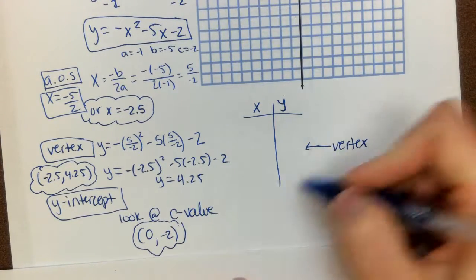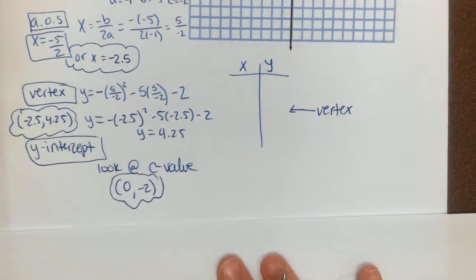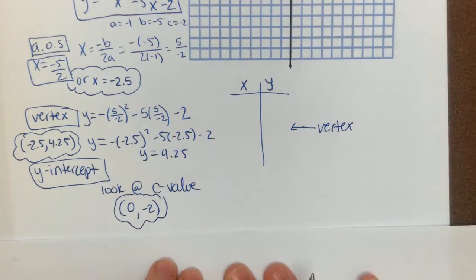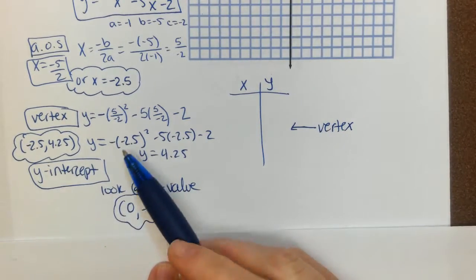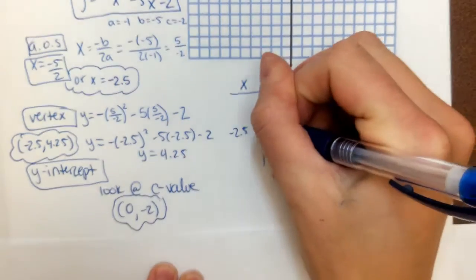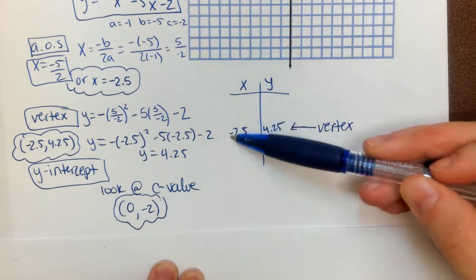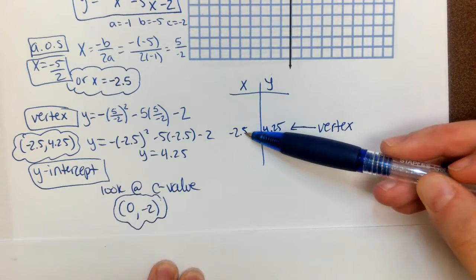Alright, so now we want to do our table of values, and I wanted to kind of show you how you can do this on the calculator pretty quickly. So, let's put our vertex in the middle. And we know we should pick values on either side of this number, this axis of symmetry.